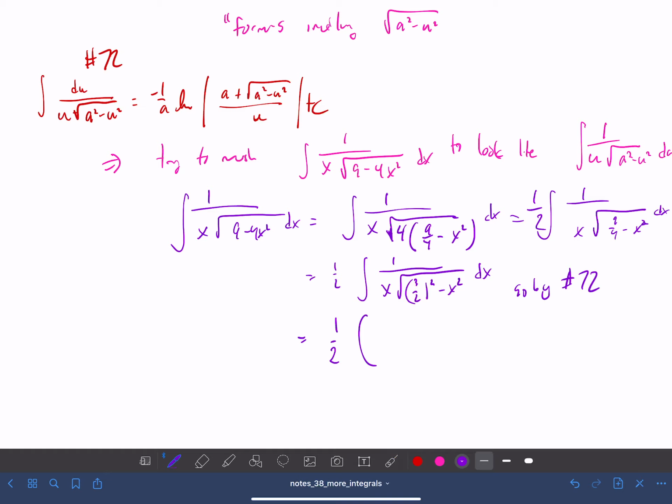So I need to have minus 1 over 3 halves times the natural log of the absolute value of 3 halves plus the square root of 3 halves squared minus x squared, all over x, plus some constant c.